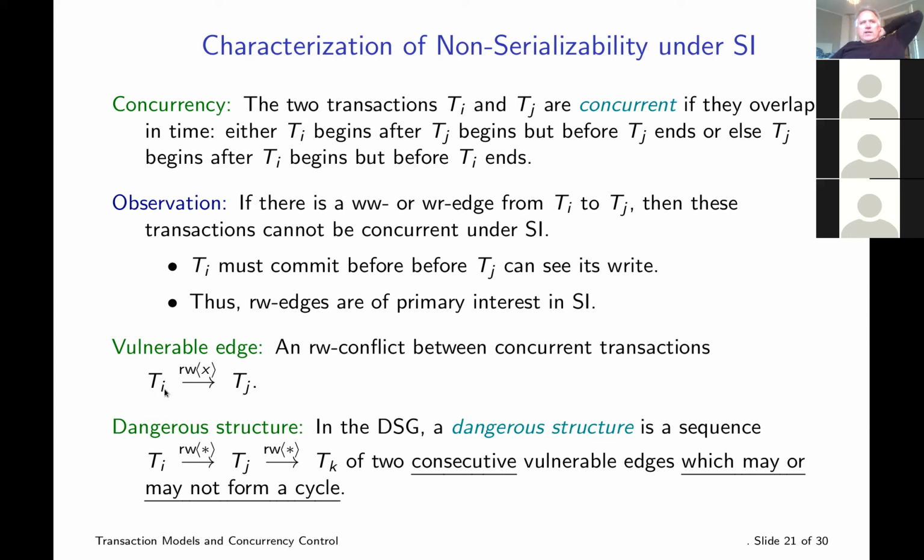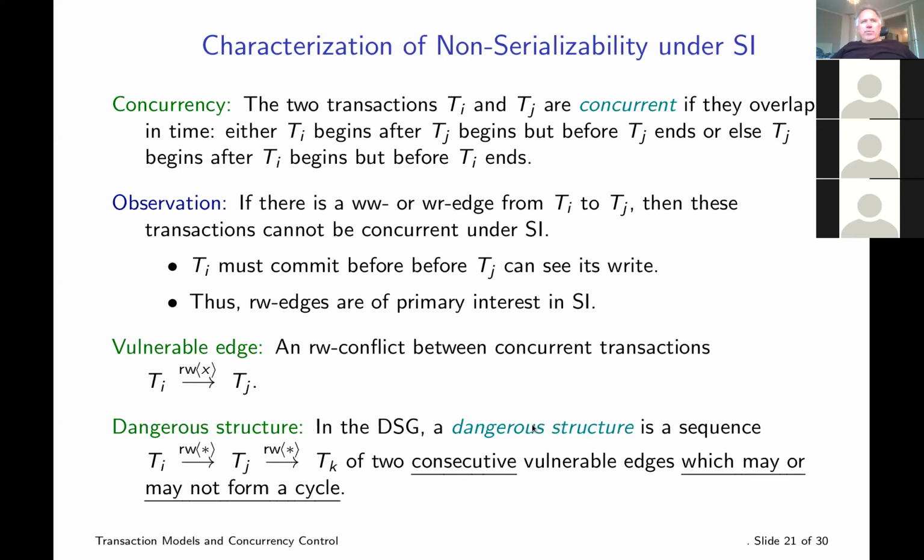That's just an edge we have to keep our eye on. If there happen to be two consecutive vulnerable edges, which may or may not form a cycle, so a read-write and then a read-write lined up, and we get that in the DSG, that's what's called a dangerous structure.